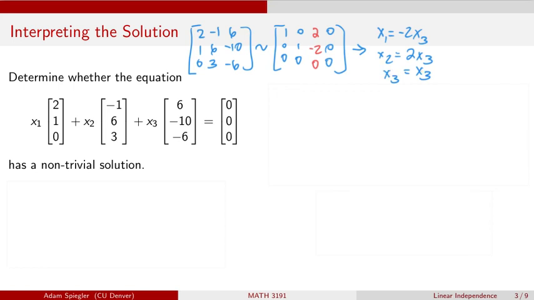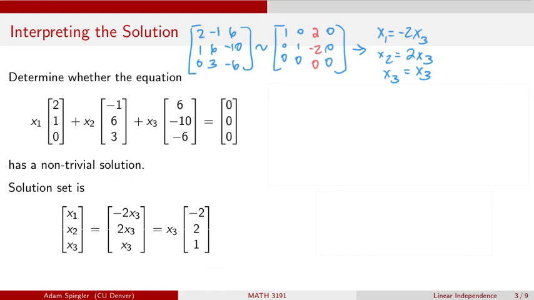So x1, x2, x3 equals any scalar multiple of the vector (-2, 2, 1). If I factor out x3, we get this nice vector form for the solution set.